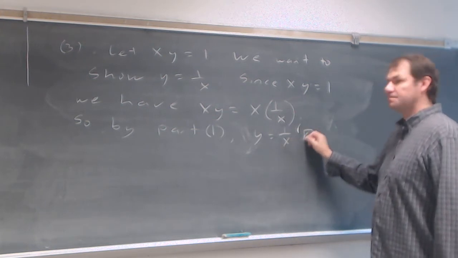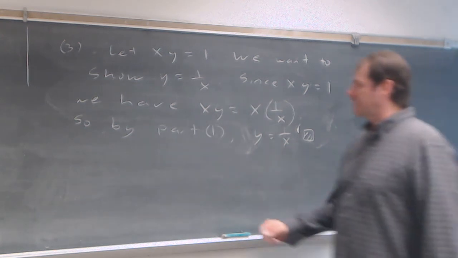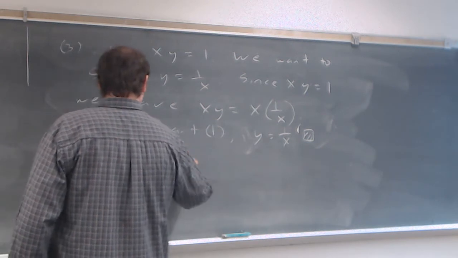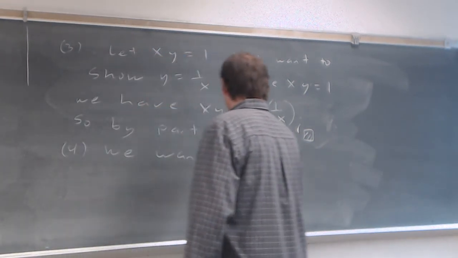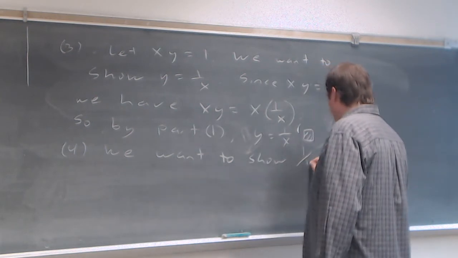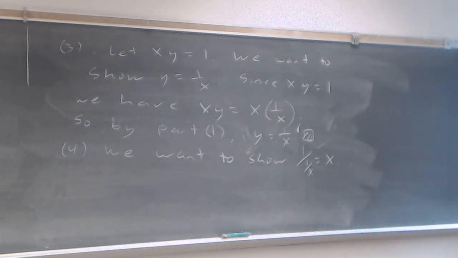Like that. Very simple. And then fourthly, what we want to show is that 1 over 1 over x equals to x. Okay.